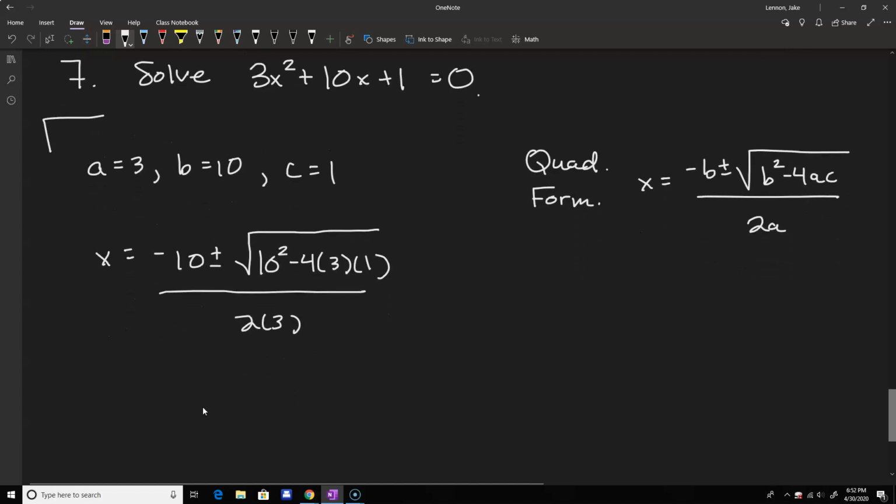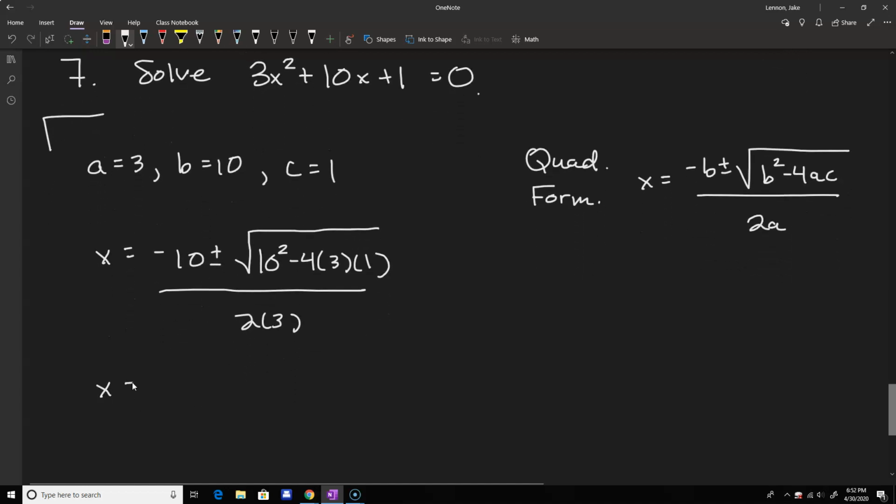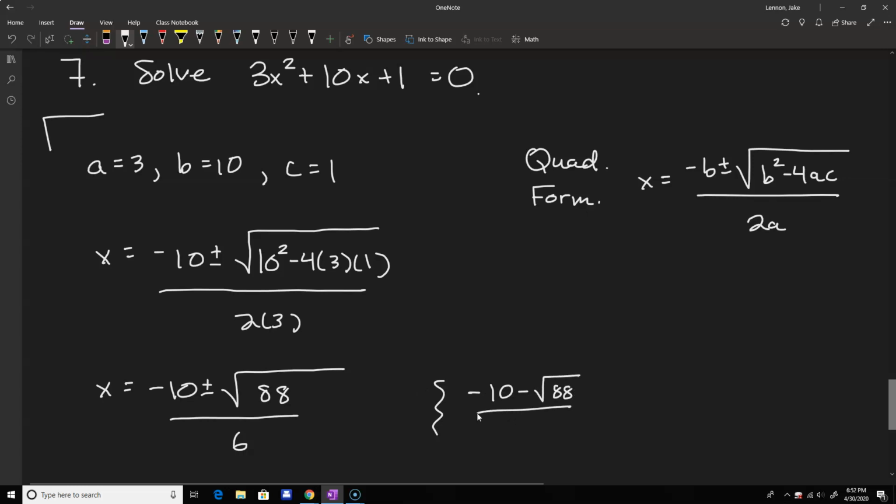Simplifying according to order of operations, we have negative 10 plus or minus the square root of 100 minus 12, which is 88, divided by 6. So you can just leave the solution set as is if you want to identify both numbers, negative 10 minus the square root of 88 over 6 and negative 10 plus the square root of 88 over 6.